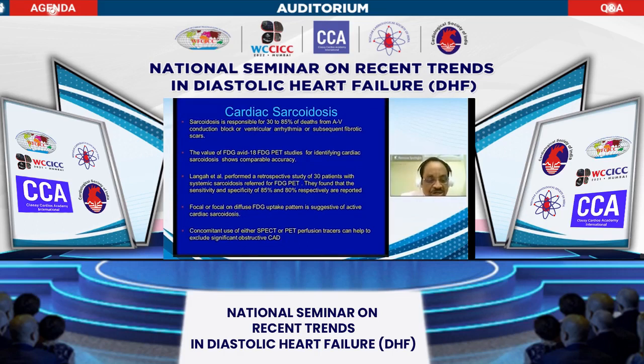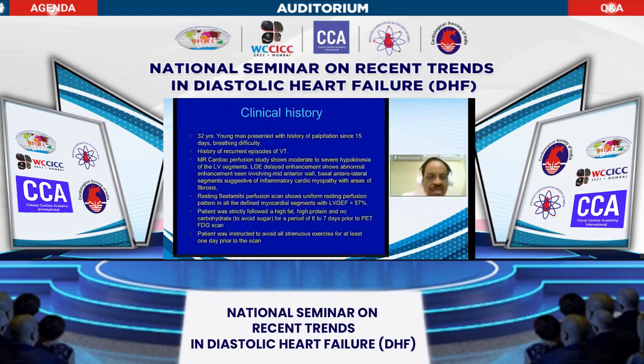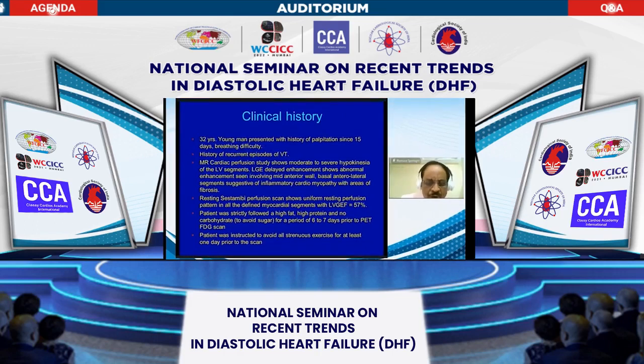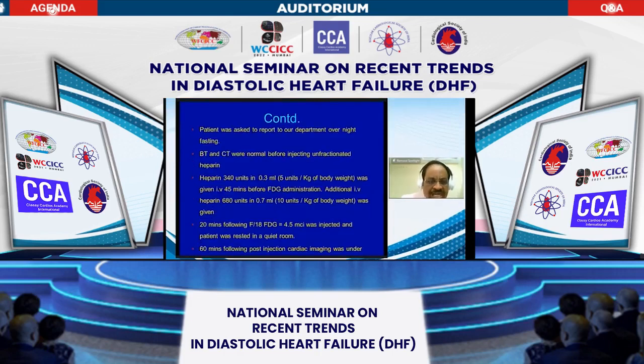Focal or diffuse FDG uptake is suggestive of active cardiac sarcoidosis. This is a young man with arrhythmia who presented to our department, and we did a suppression test. We did a resting perfusion scan showing normal, followed by a high fat and low carbohydrate diet for a week. Then we injected heparin and other agents which increase the free fatty acid level.